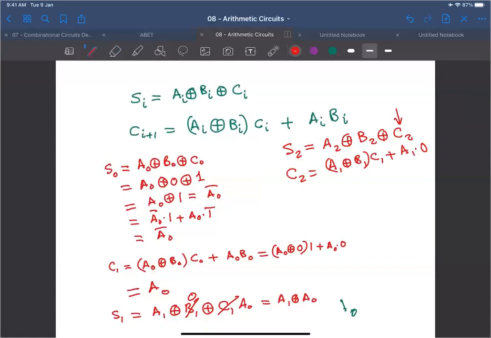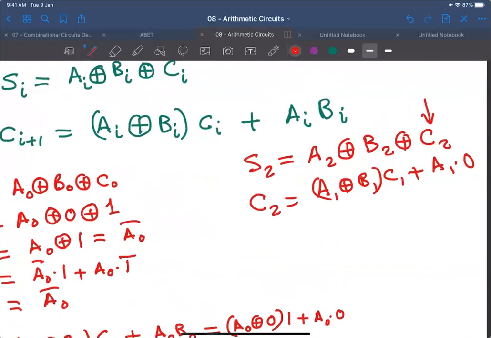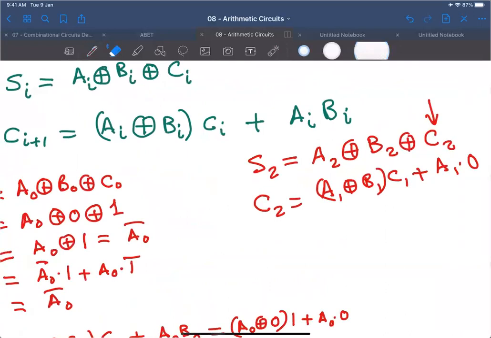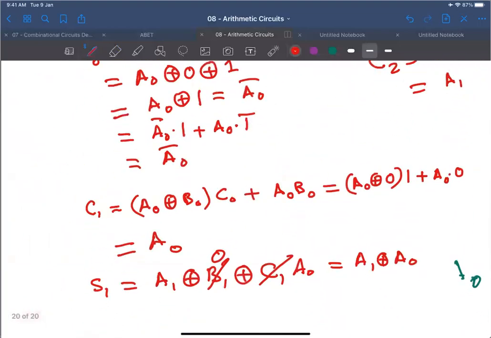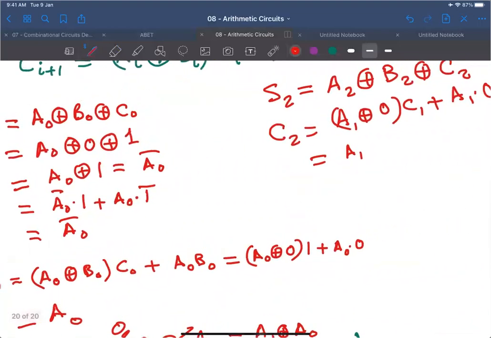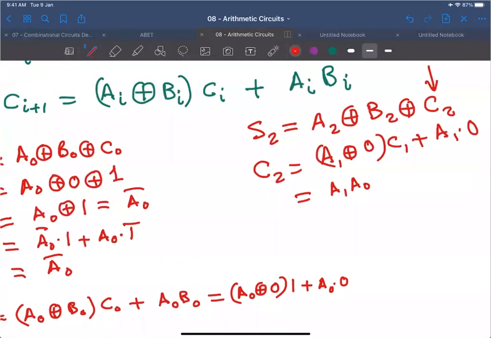So B1 is 0 as well here. So this is nothing but A1 ANDed with C1. What is C1 so far? A0. A0 ORed with 0. Okay, so this is my C2.